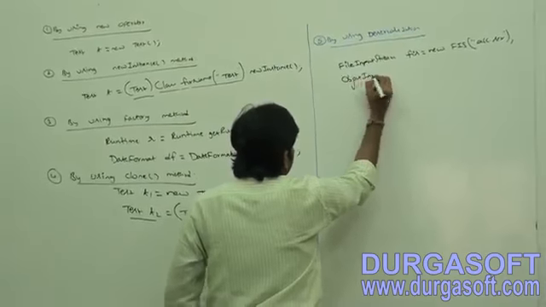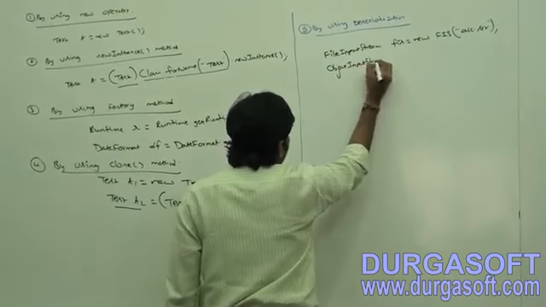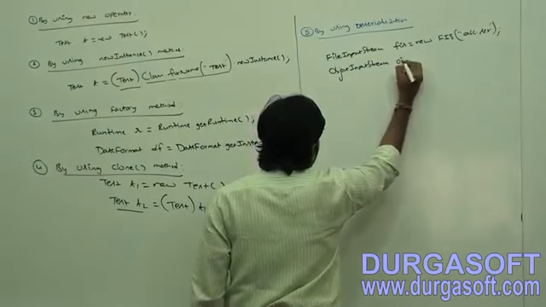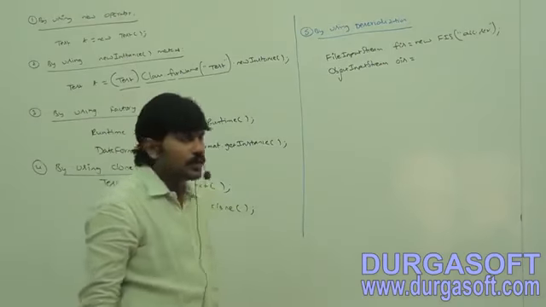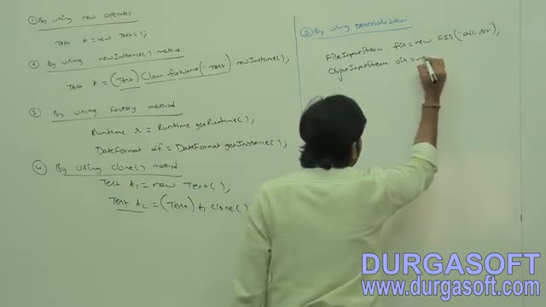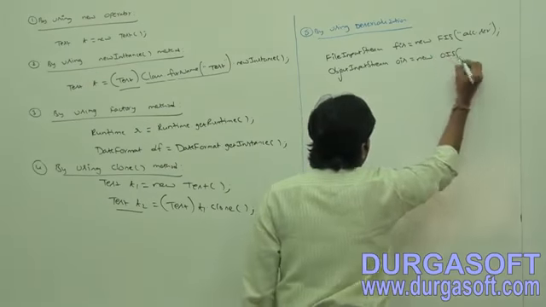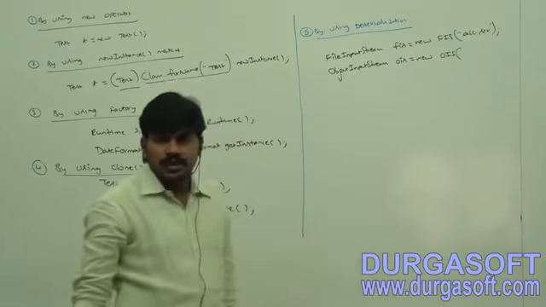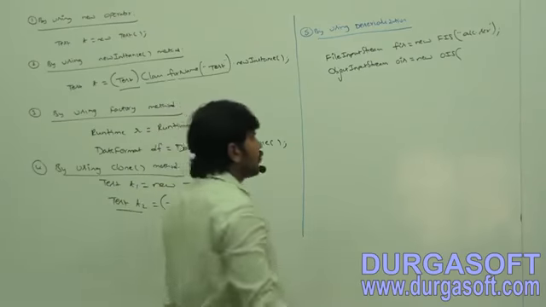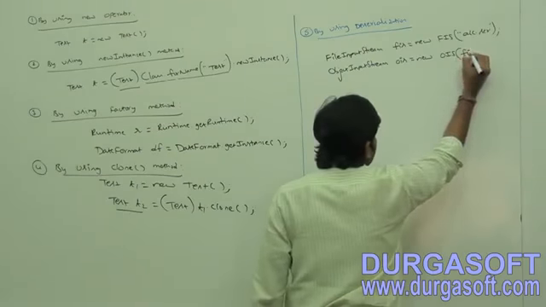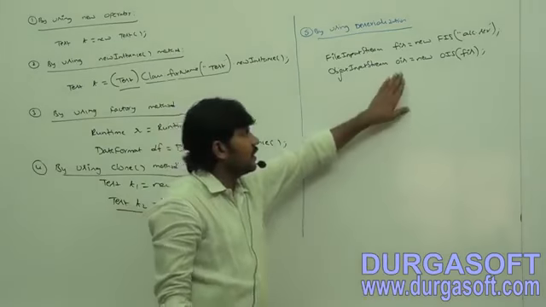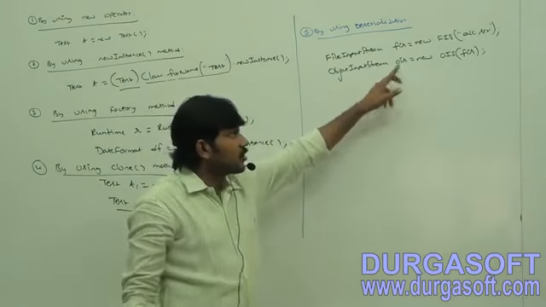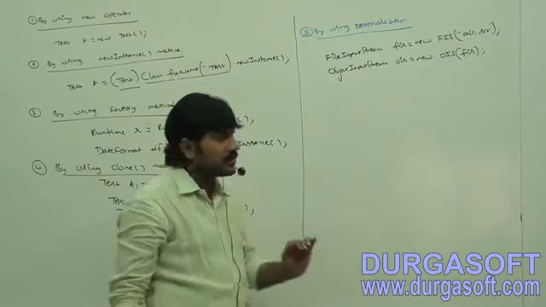Object input stream OIS is equal to new object input stream of FIS.